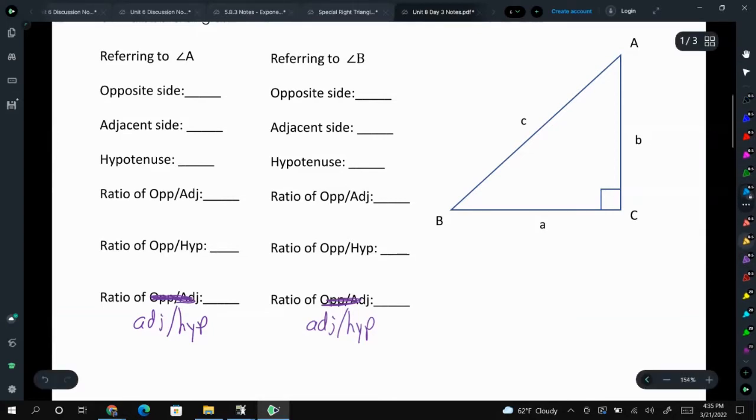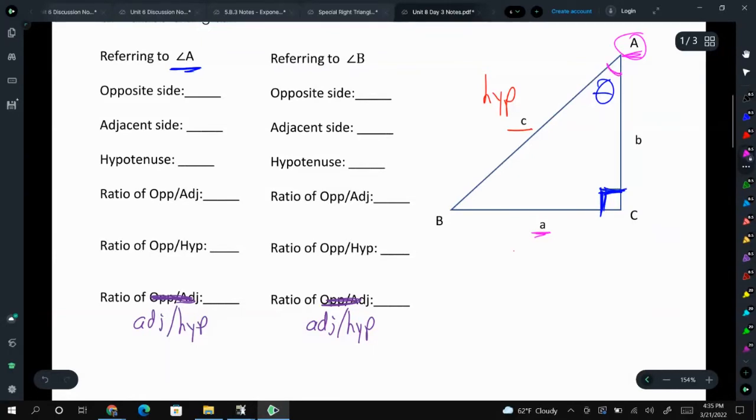So now let's label this. We're talking about angle A, which is right here. This is our right angle, which makes side C the hypotenuse. And side A would be the opposite side since it doesn't touch the angle we're talking about.